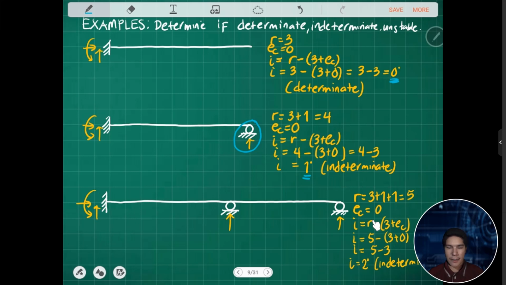So here we have two. Again, this is because of our roller support. Imagine if you remove this roller support, the beam would be a cantilever beam. At the same time, it makes the beam more stable.